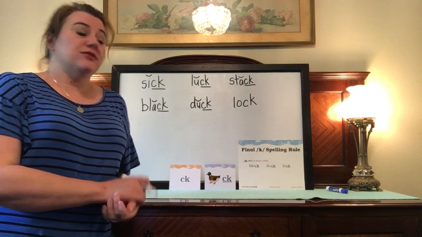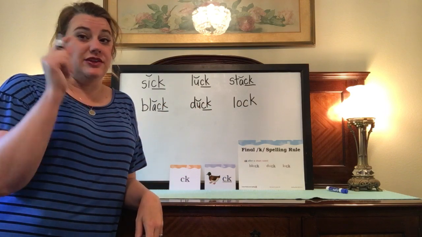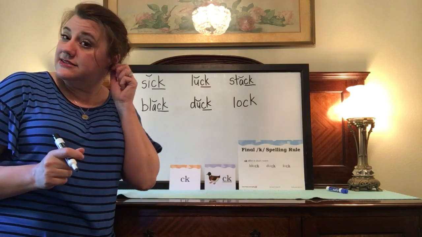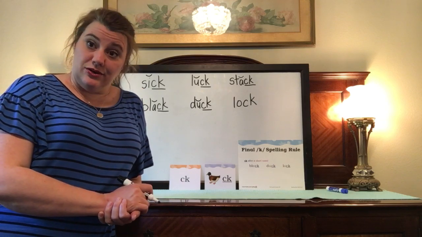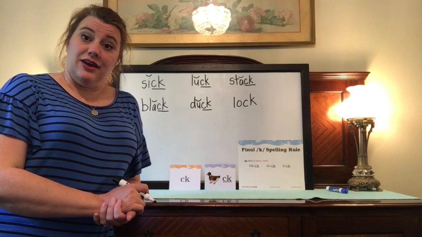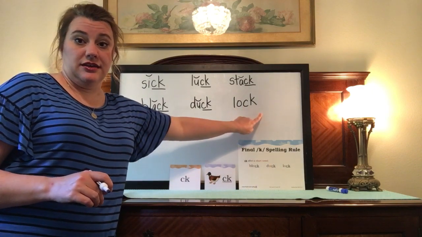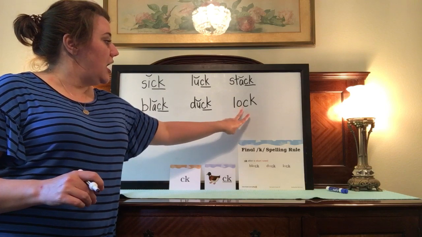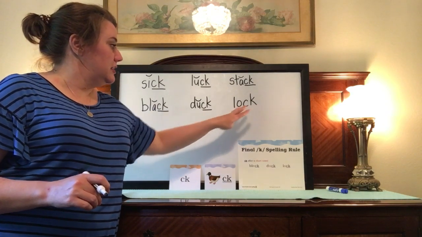Okay, I'm going to read this last word to you. I want you to think about it, listen to it, and tell whoever you're with how you would code it, and then I'll go back and code it. This word is lock. L, o, k. Lock.